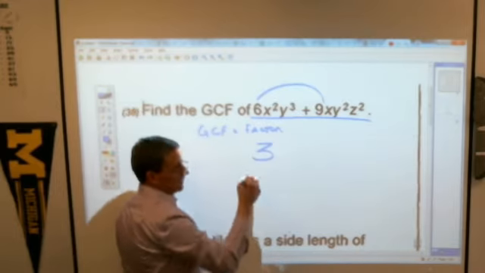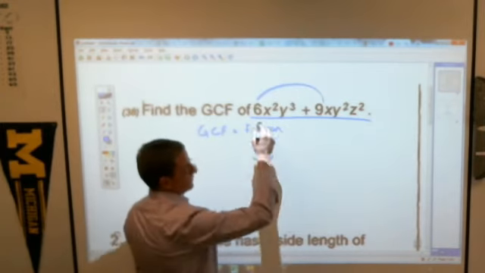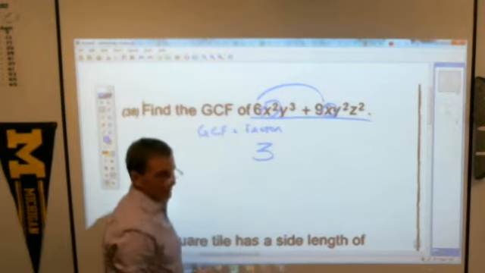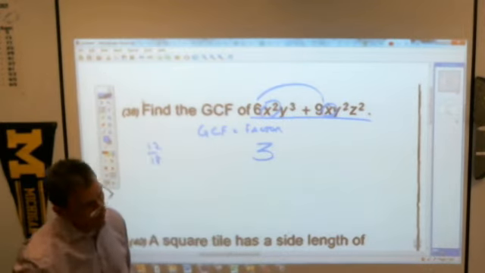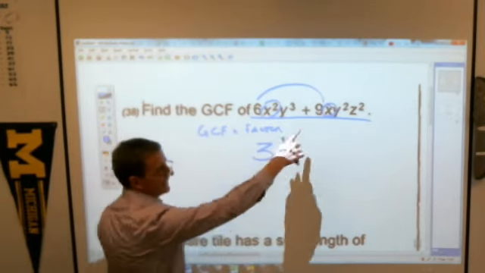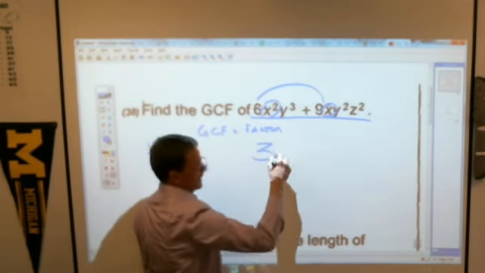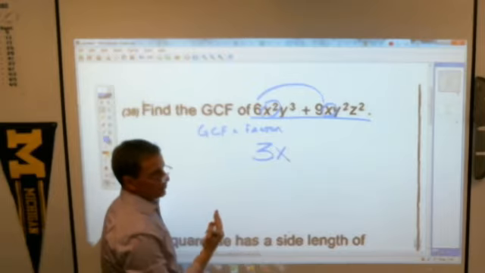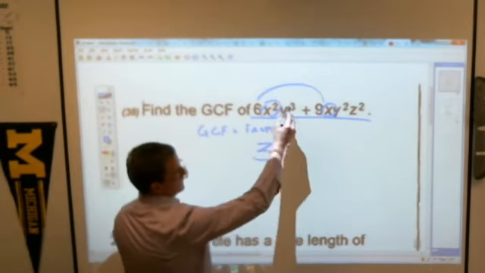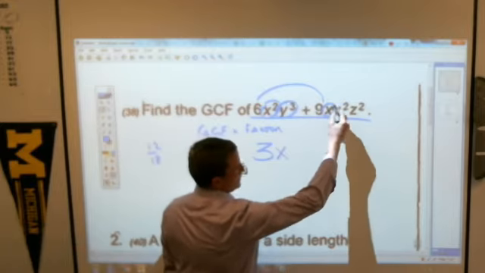3. Well, then you look at each letter. This has an x squared, this has an x. What's the biggest you can take out of both of them? Just an x, because I can't take an x squared out of an x. So really you think of which group has the least amount of each thing. This has y cubed and this has y squared.